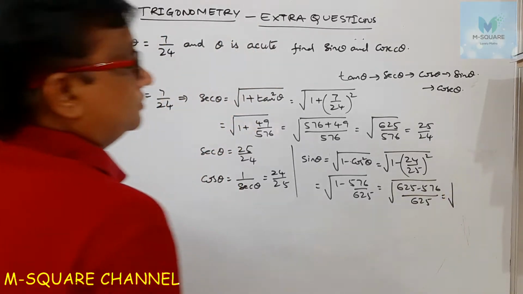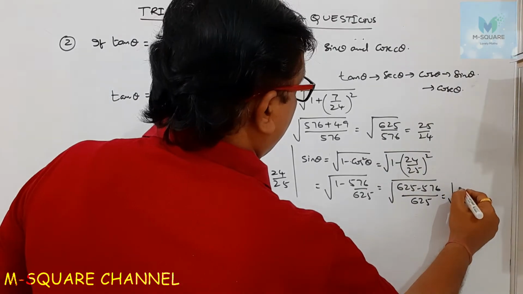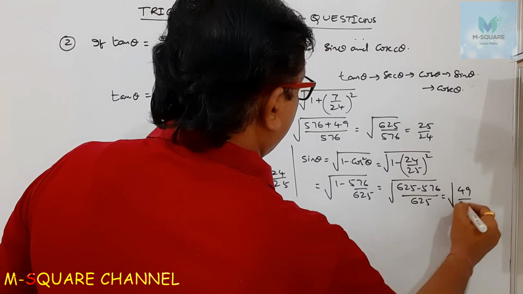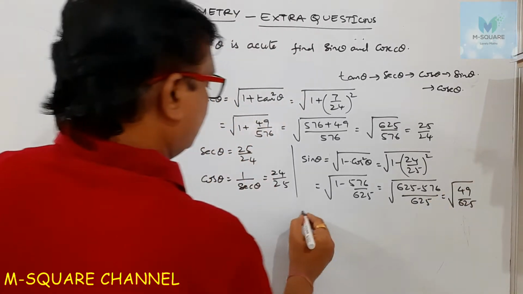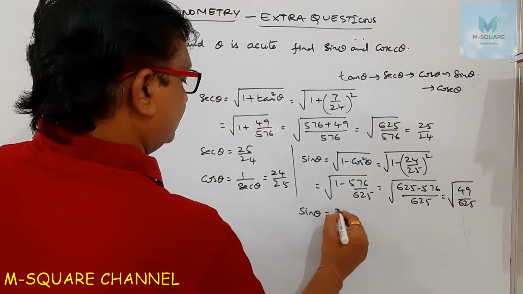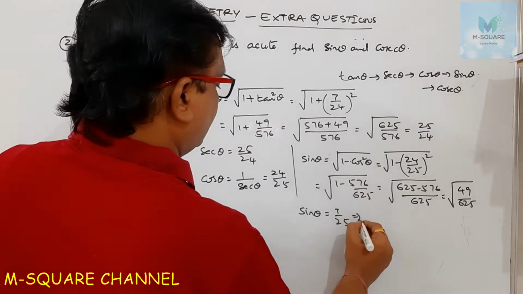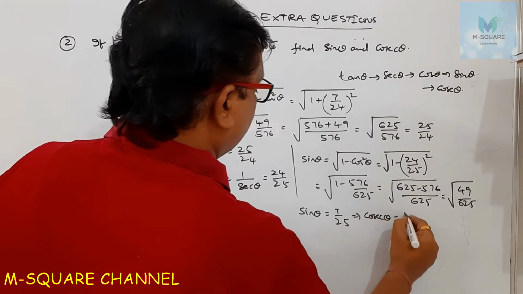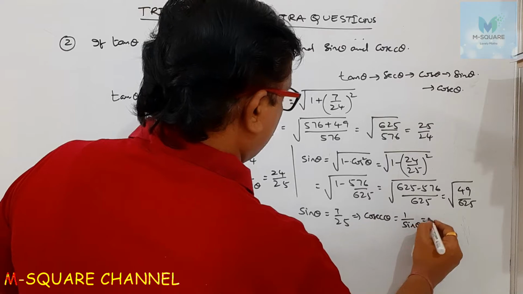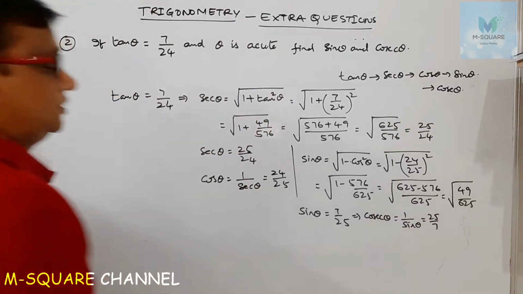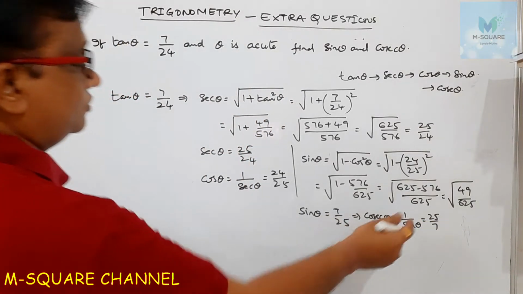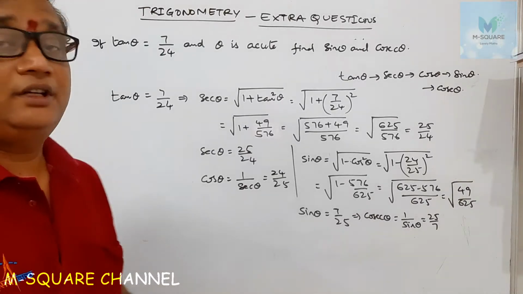So root of 49 by 625. So sin theta equal to 7 by 25. So what about cosecant theta? Cosecant theta equal to 1 by sin theta. So that is 25 by 7. So sin theta is 7 by 25 and cosecant theta is 25 by 7.